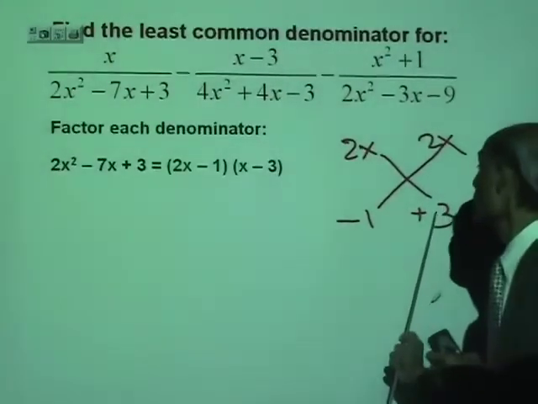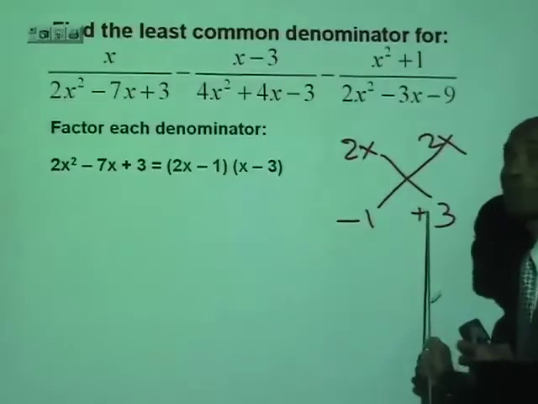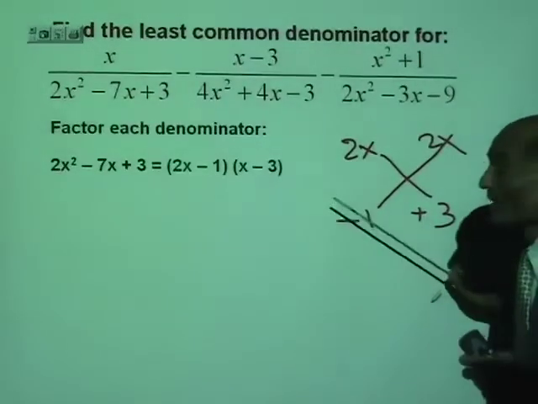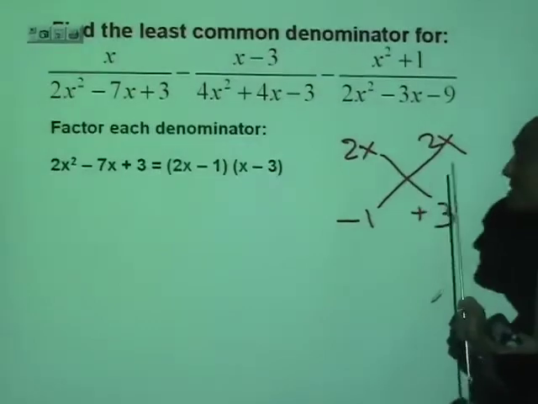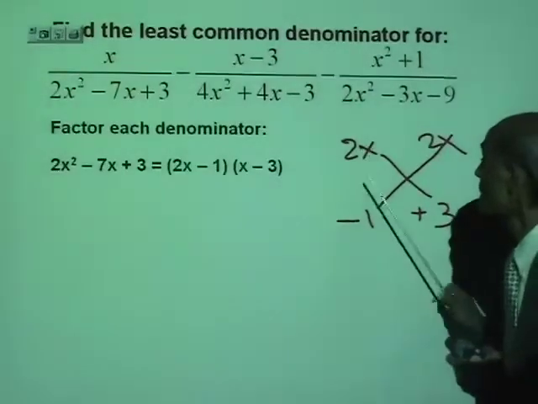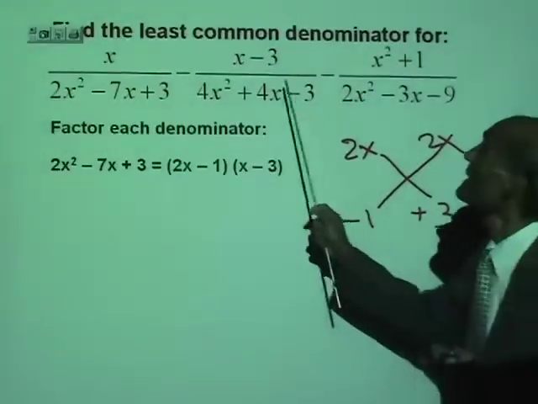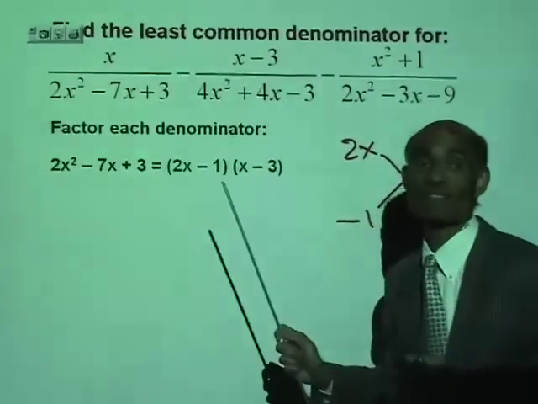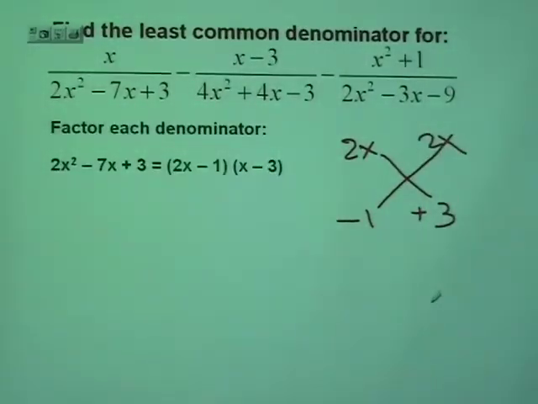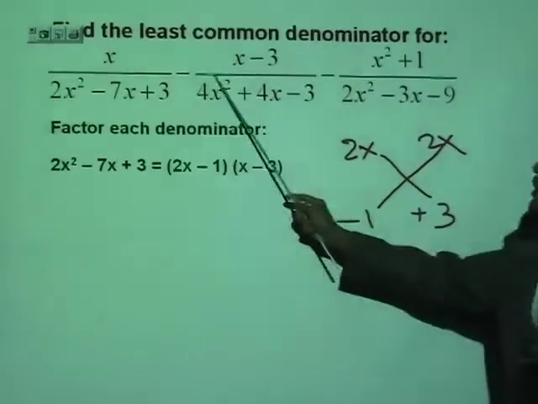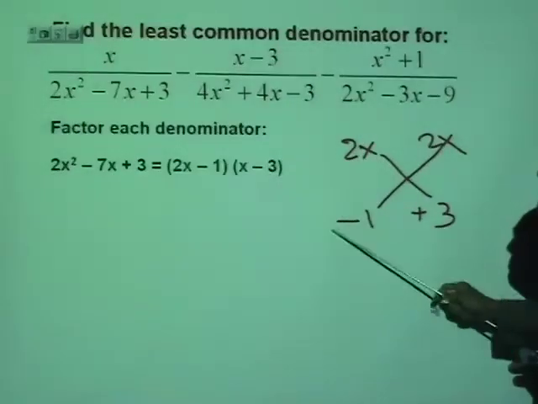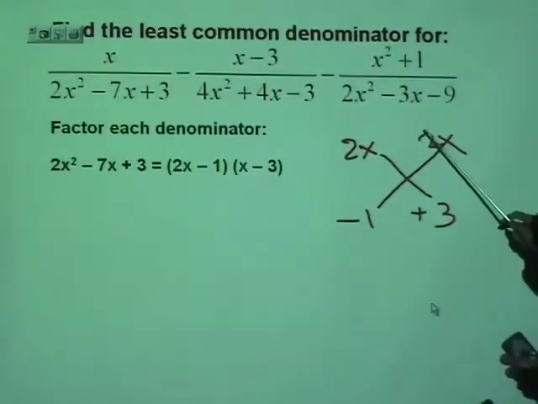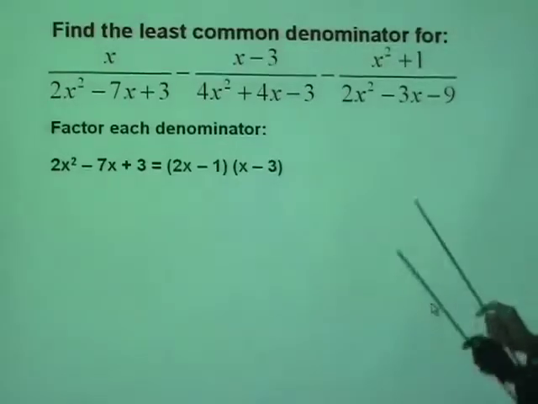And now positive 3 times 2x is positive 6x, and negative 1 times 2x is minus 2x. That will be 6x minus 2x, which is positive 4x. That means the factors of 4x squared plus 4x minus 3 are 2x minus 1 times 2x plus 3.